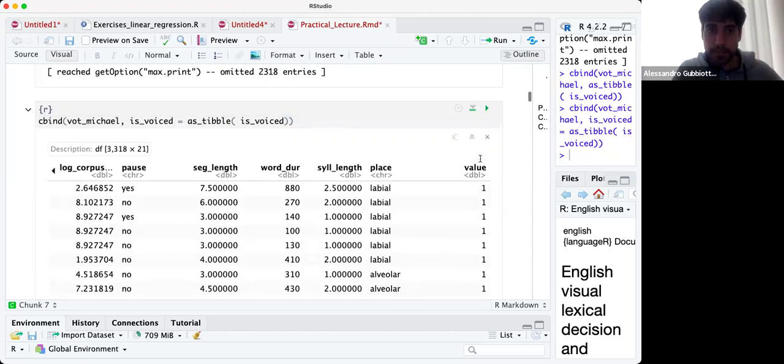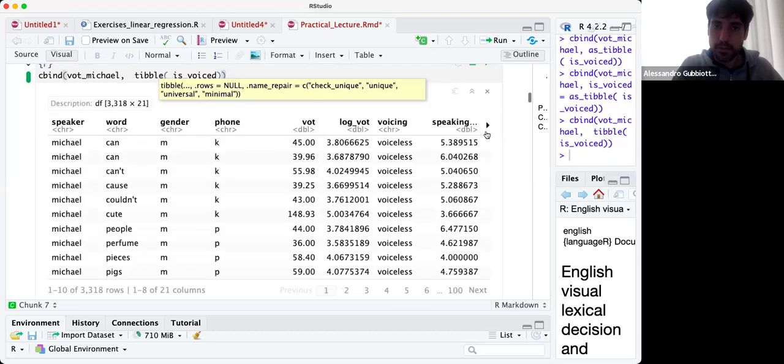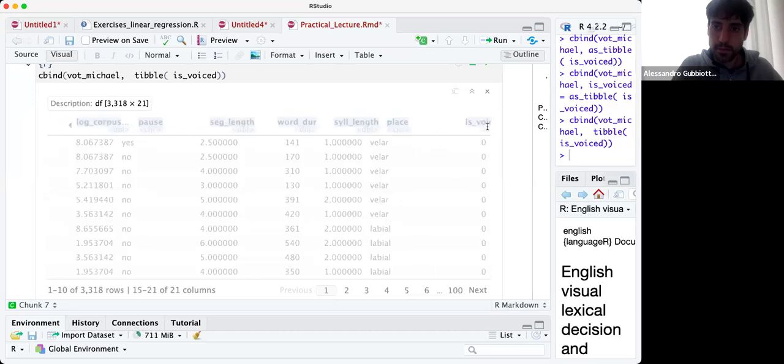By default it puts value as the name of the column, but it should be is voiced. So probably we should do it like this. Yes.